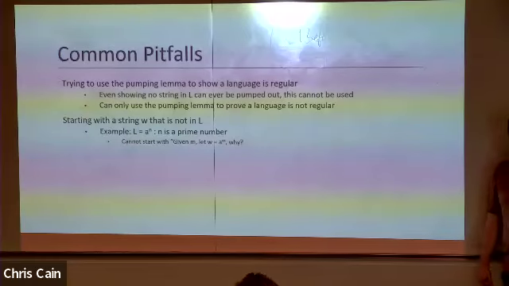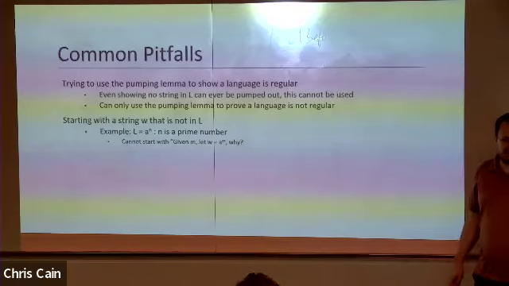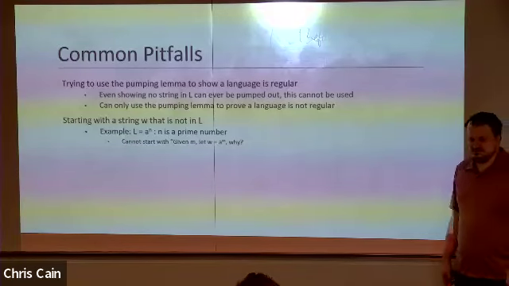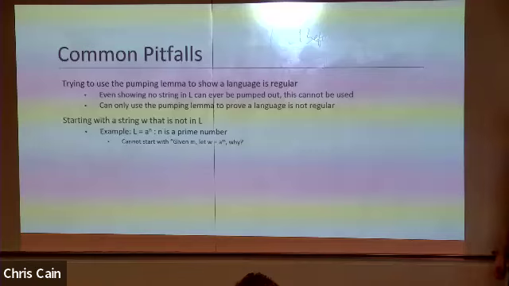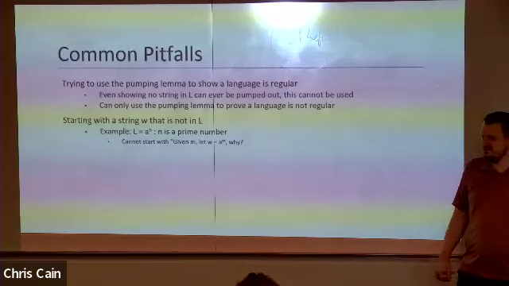It can be a non-prime number. Yes. There may be a non-prime number of states in the DFA to recognize prime numbers. If that is the case, then we can't choose this string A to the M because it won't be prime. It won't be in the language. It's not going to show anything.